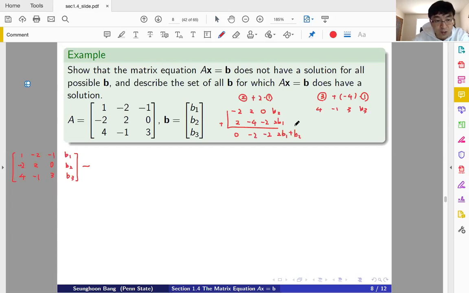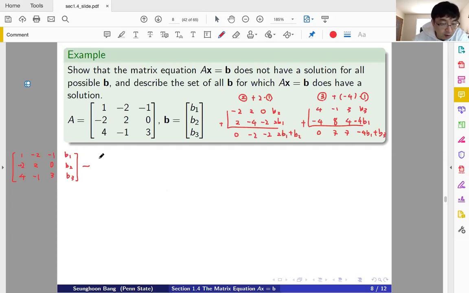Negative 4 times 1 is negative 4, negative 4 times negative 2 is positive 8, negative 4 times negative 1 is 4, and negative 4 times b1 is negative 4b1. Next, you add it. This is 0, 7, 7, negative 4b1 plus b3.